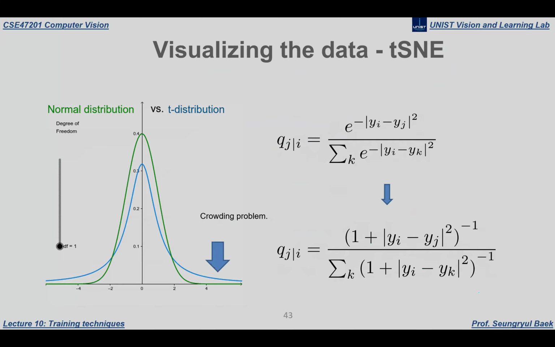Sometimes the normal distribution is used, this green graph denoting the normal distribution.